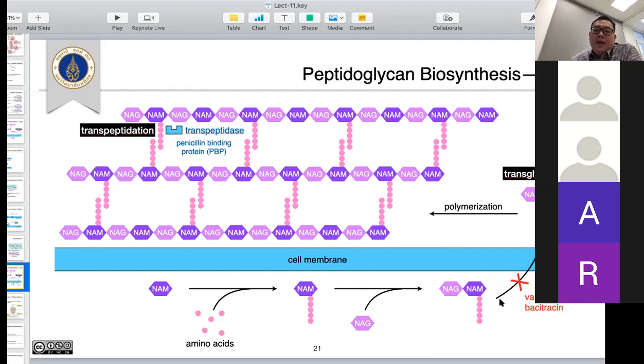Okay, they block at a different point instead of cross-link. They block the translocation of the subunit across the membrane. So that is the tactic. This is the last weapon of humans against Staph aureus.